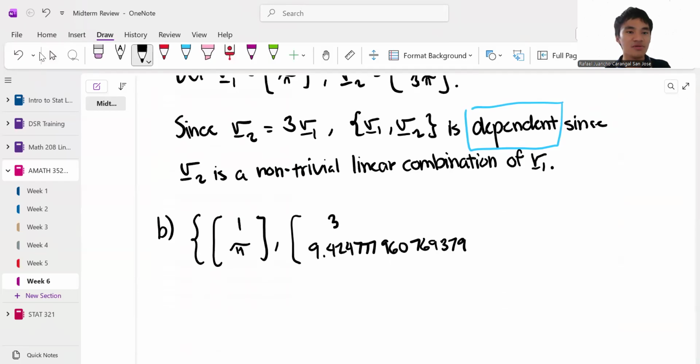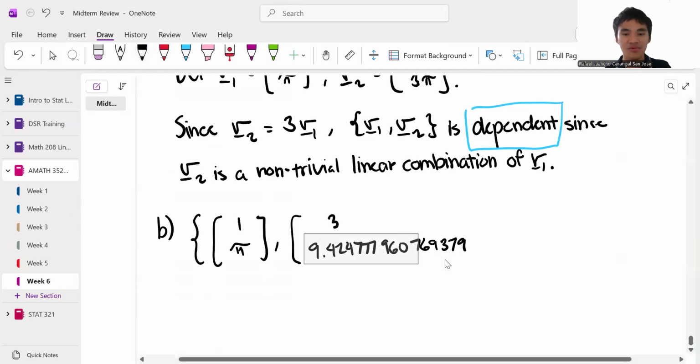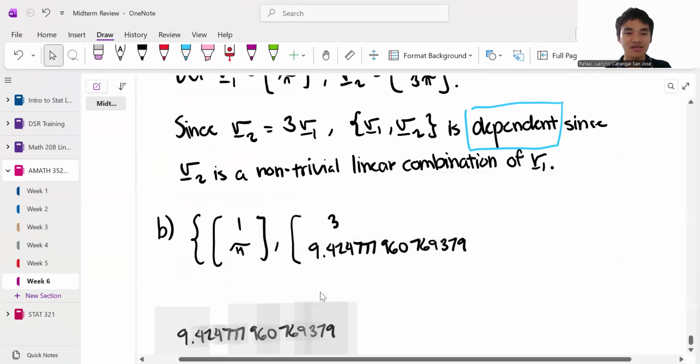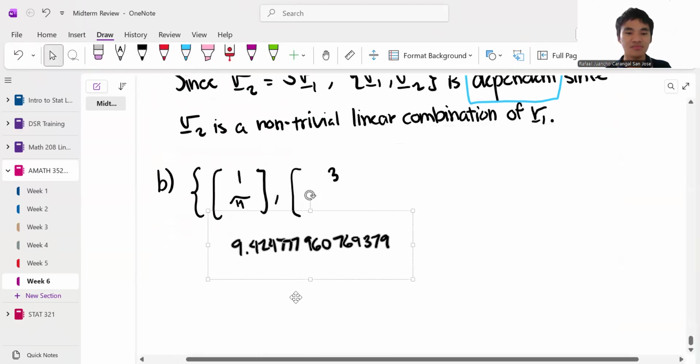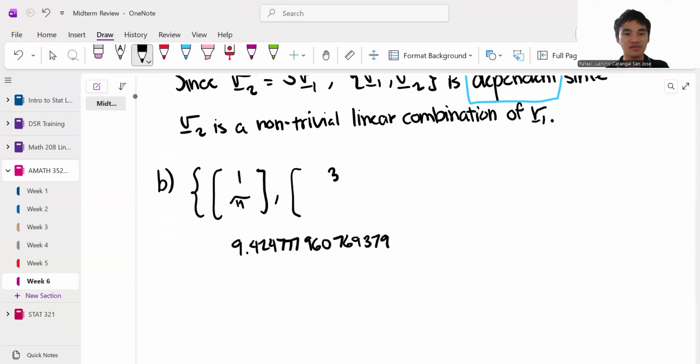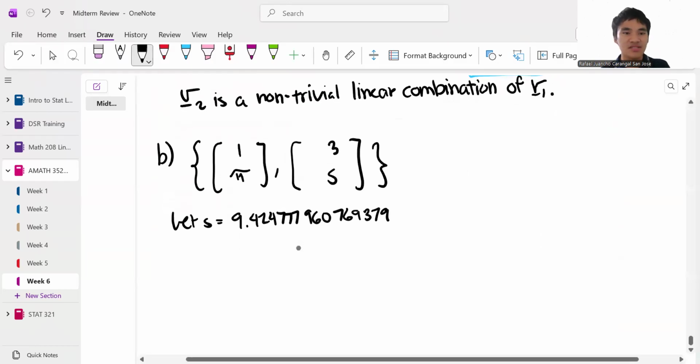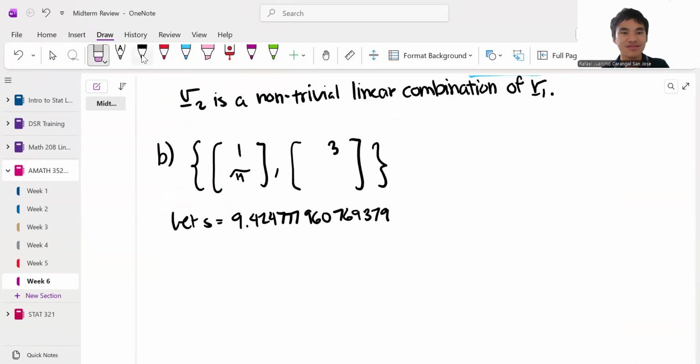Okay, that humongous number, I'm gonna copy and paste it. We let S be equal to this. I'll just do S. Okay? That's not 5, that's an S.